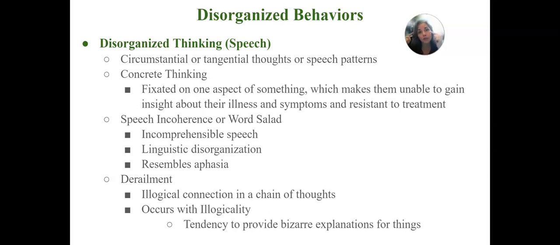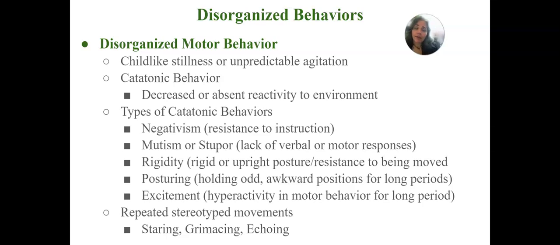But there was some logical connection for you on why you went off course. For individuals experiencing derailment, there is not that logical progression. It's almost like the thoughts jump and they don't necessarily have a logical bridge that connects the thoughts from one to the other. So the conversations might seem bizarre in nature.